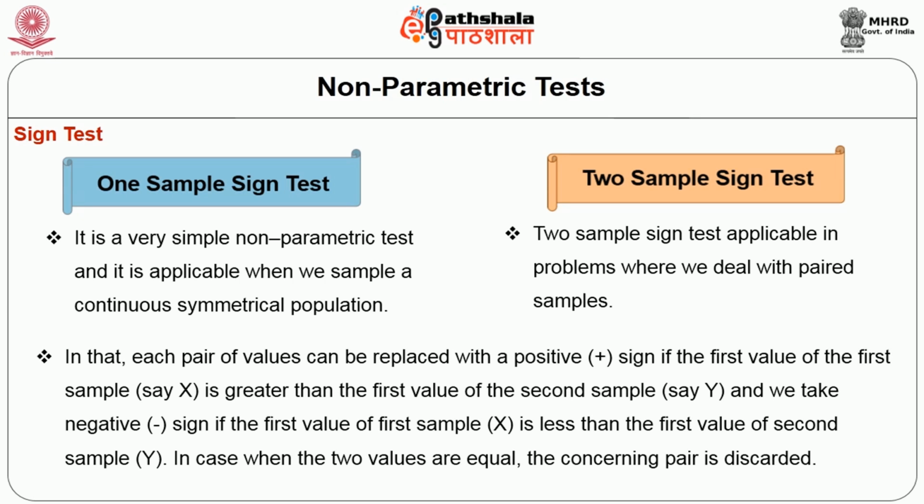In that, each pair of values can be replaced with a positive sign if the first value of the first sample is greater than the first value of the second sample, and we take a negative sign if the first value of the first sample is less than the first value of the second sample. In case the two sample values are equal, the concerned pair is discarded.